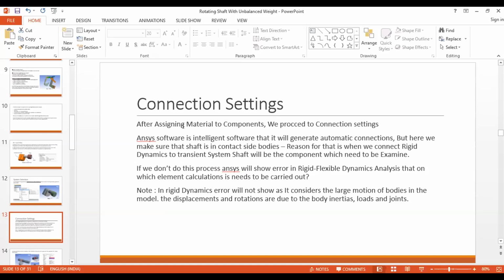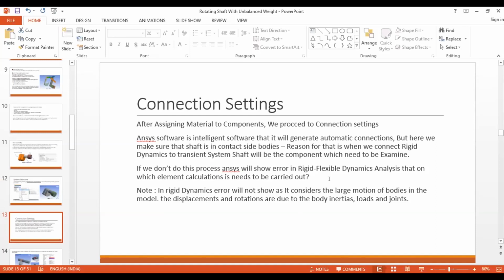After assigning the material, we proceed to the connection settings. ANSYS is pretty intelligent software and will generate automatic connections. But here we make sure that the shaft is in the contact side of the bodies. I will explain this in my further slides.